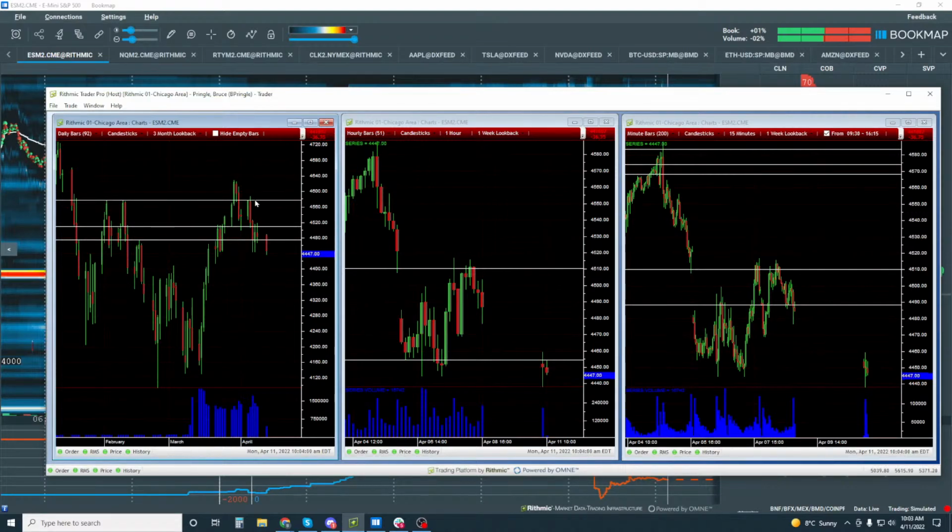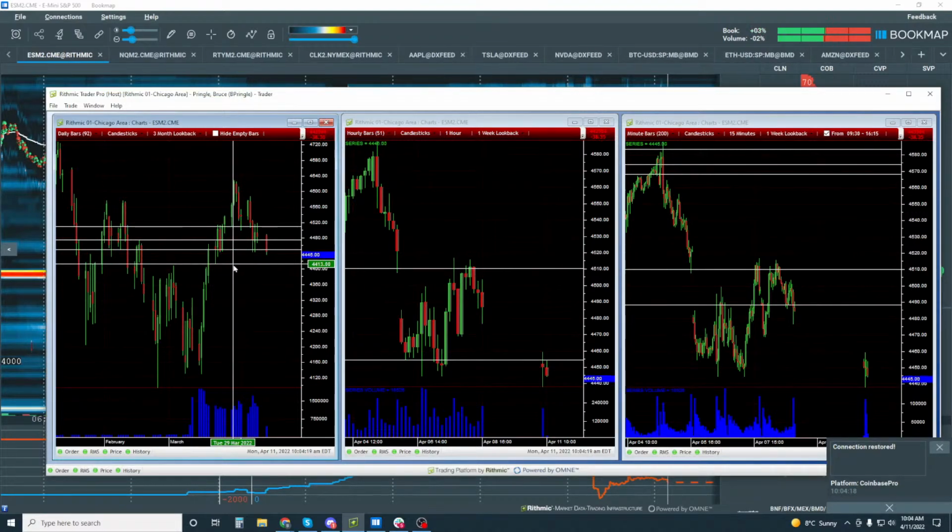So in fact, why don't we add another one down here. Maybe I'll just move it down for now. Yeah, this is going to be a really interesting level here. Are we going to break through this? Maybe trade down to the next one, which would be here. Okay, that would be around 44.13.